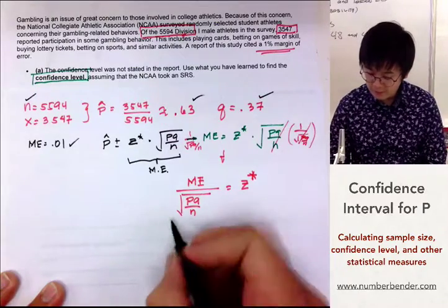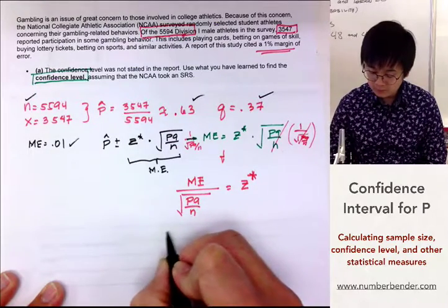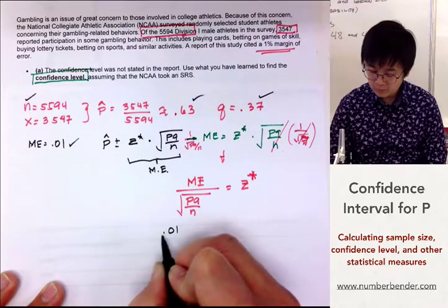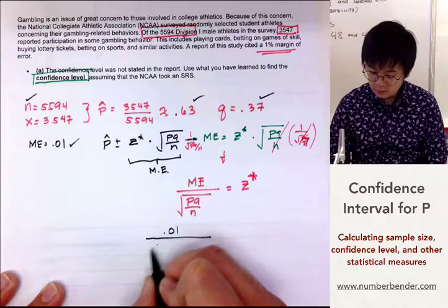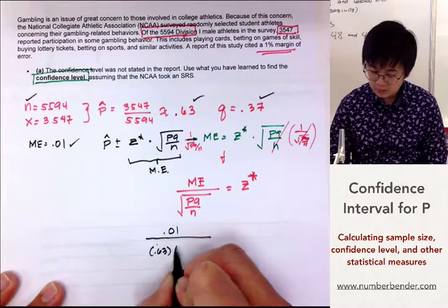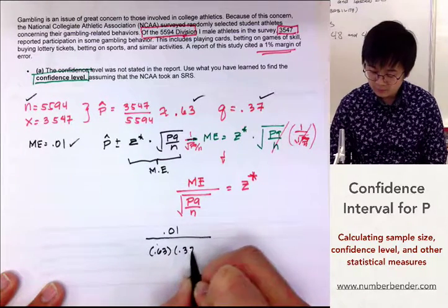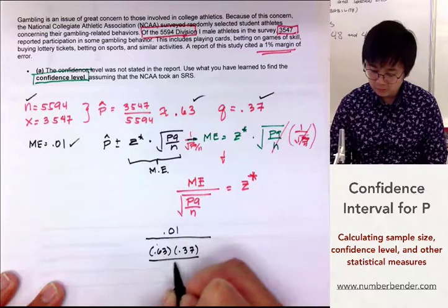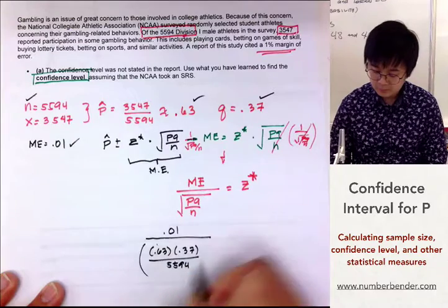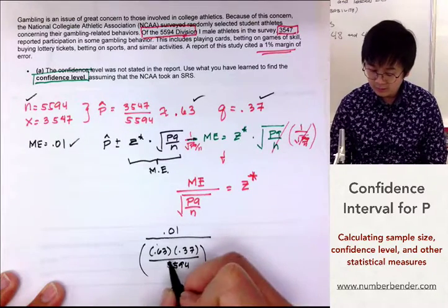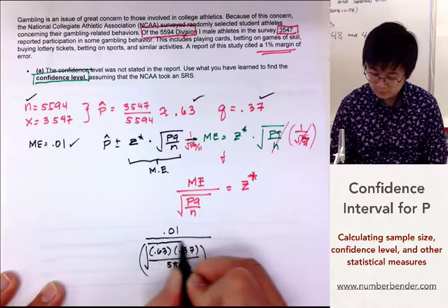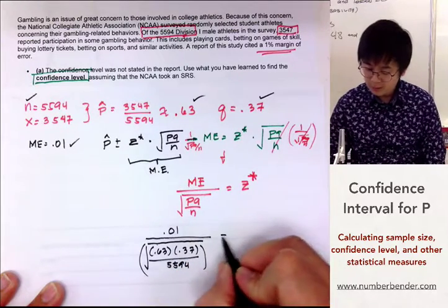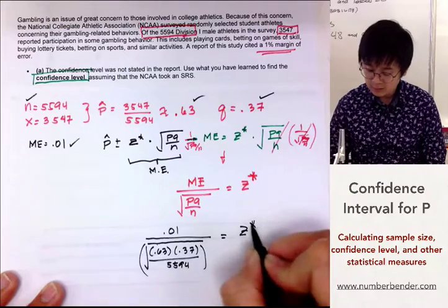So we have 0.01 all over P of 0.63, Q of 0.37 all over 5,594, and this is inside a square root, and that will be our Z star.